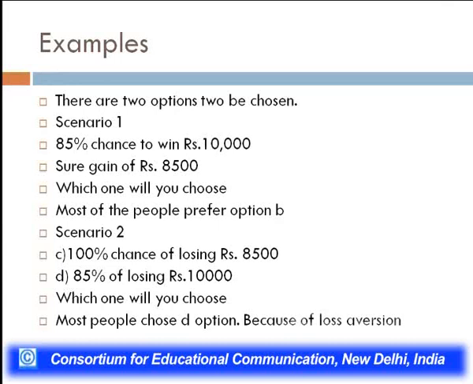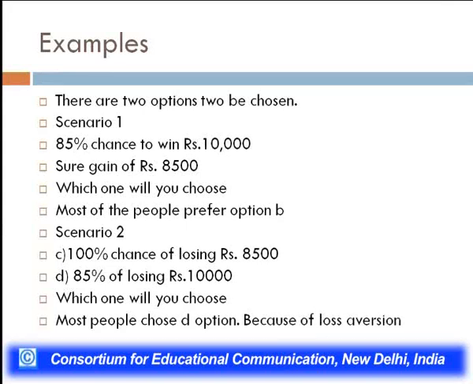Let us take another scenario. There is option C, which shows a 100% chance of losing 8,500 rupees, and option D, which says an 85% chance of losing rupees 10,000. Although the payoff remains the same, a 100% chance of losing 8,500 means you will lose 8,500, and an 85% chance of losing rupees 10,000 means you will lose 8,500 only.